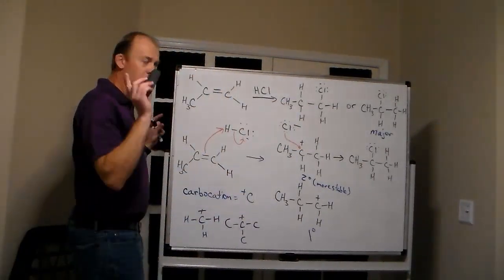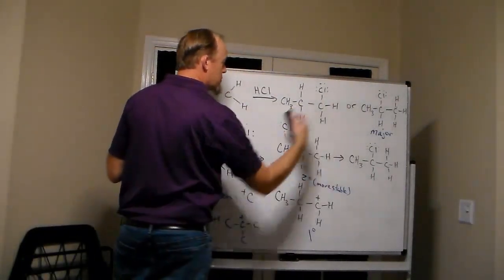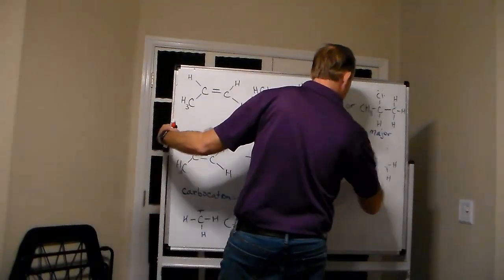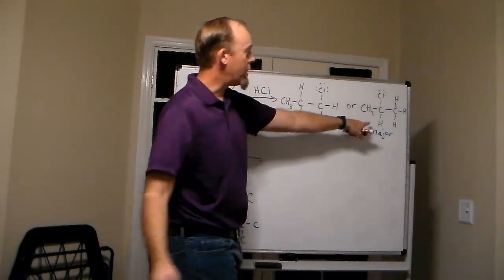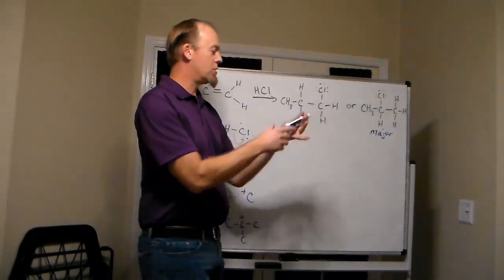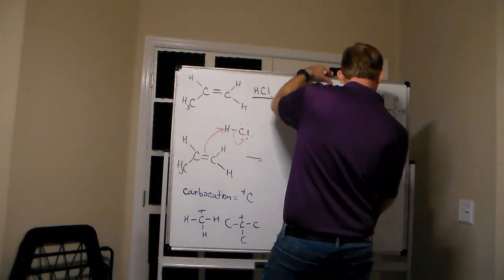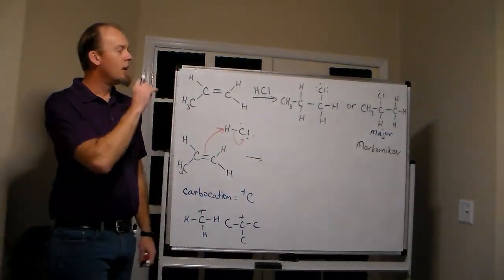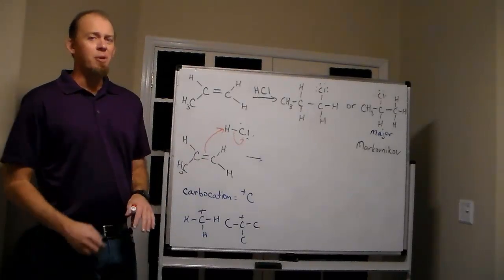I'm going to finish this with a name. We name these two types of addition products. The product here that was our major product we call a Markovnikov product. A Markovnikov product, there's a lot of ways to describe it.